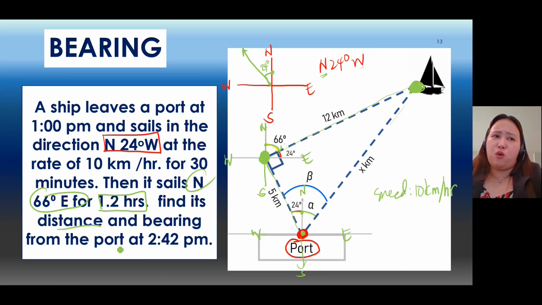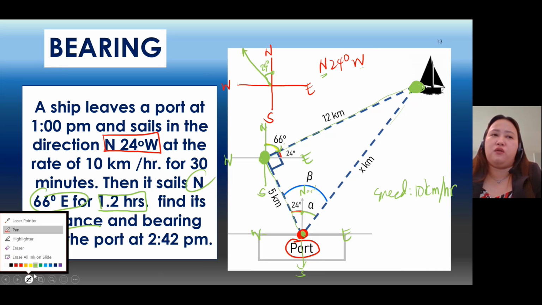Then the bearing from the port, so again we have the word from. You're going to determine the bearing. So this is the port. And since it has the word from, you're going to have the north here. Okay? You're going to have here the north.